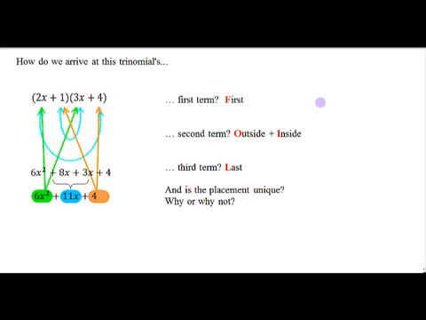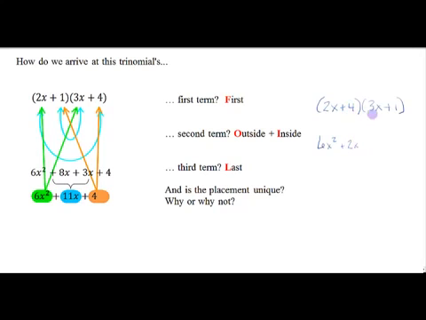Well, let's see. If I had put instead a 2x plus 4 and a 3x plus 1, switching the place of my last terms, what would we get? We have a 2x times 3x is 6x squared. We have the outside is a 2x.